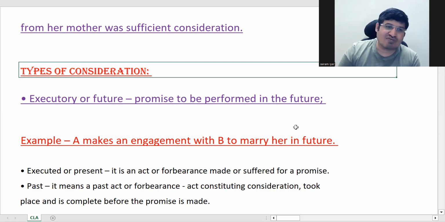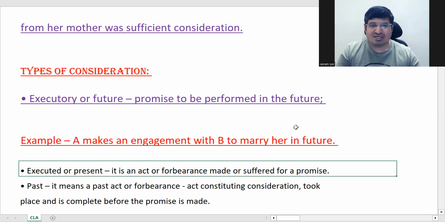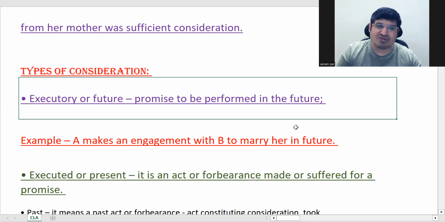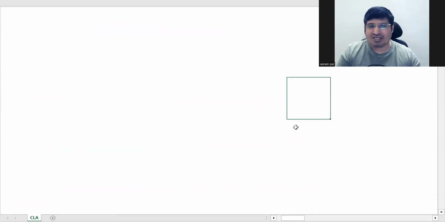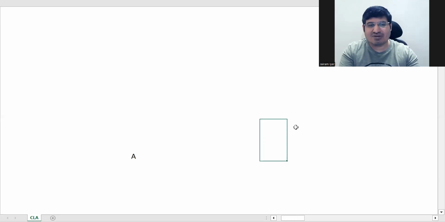So first of all, this is executory or future, when consideration is going to come in future. Present is current: an act or forbearance made or suffered for a promise. Here also, because there are two parties, it is very much possible that one party has given a present consideration, and another party is going to give a future consideration.